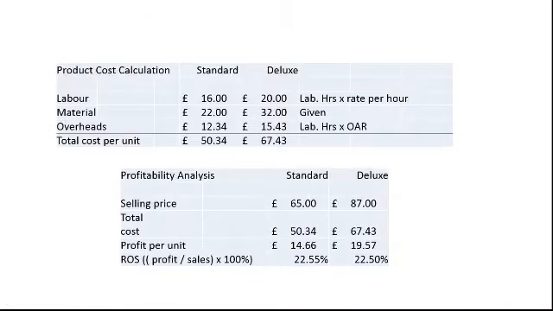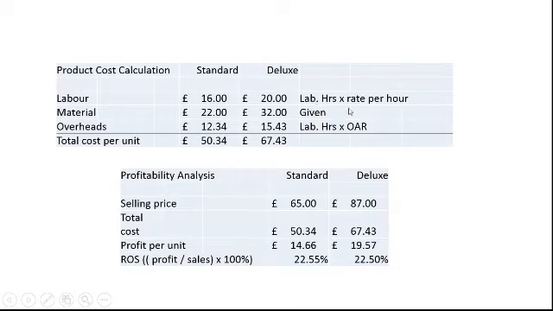So we move on. For product cost calculation, first the prime cost, so direct labor and direct material cost. So we know that 16 pound is the direct labor cost for standard and 20 pound is the cost for deluxe. And how did we work it out?